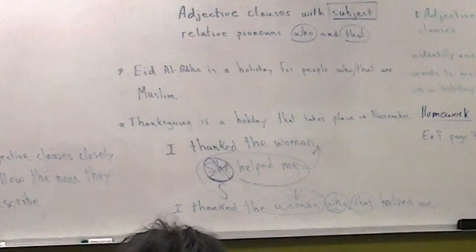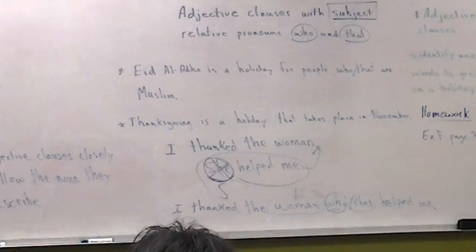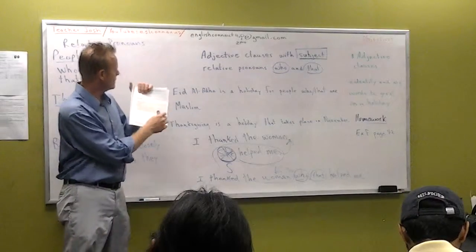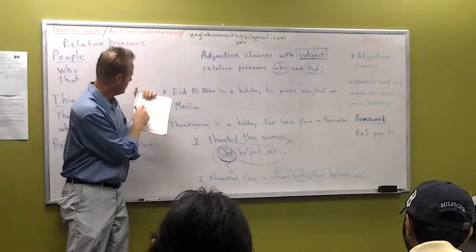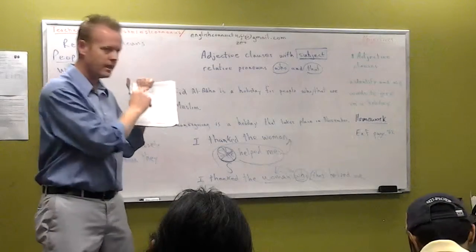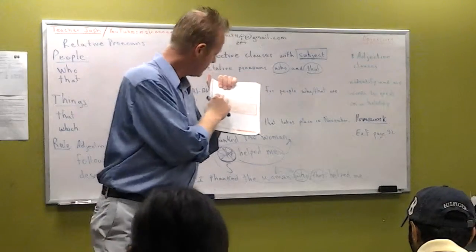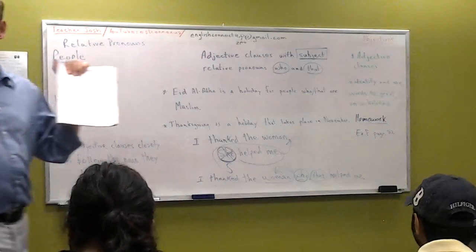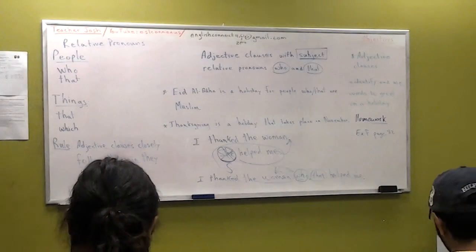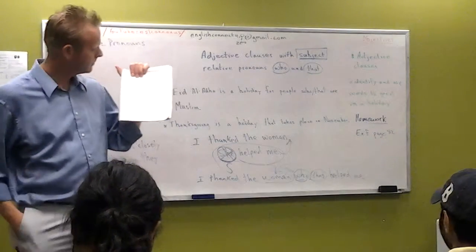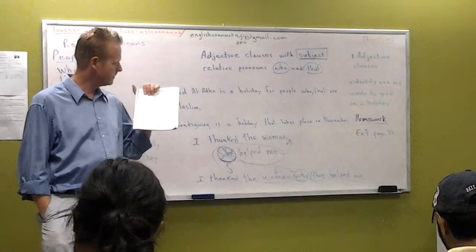You see that? So listen, if you look at page 79, they give some examples. It says in the book, in the orange box, will you read it for me? Adjective clauses identify or describe people or things.